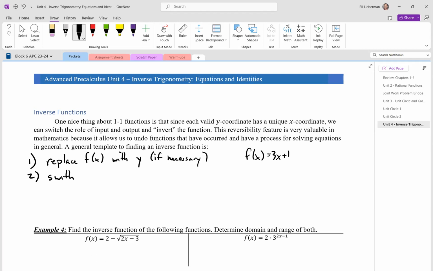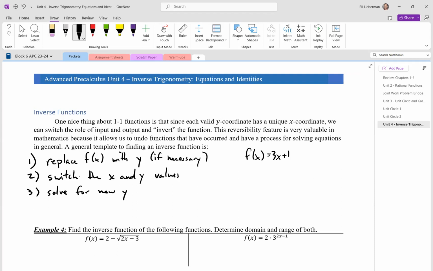Switch the x and y values. Next step: solve for y. I'm going to say solve for new y, just to be completely clear.